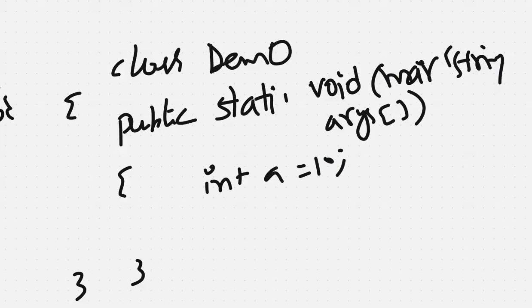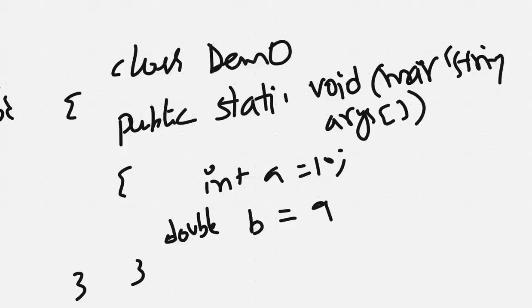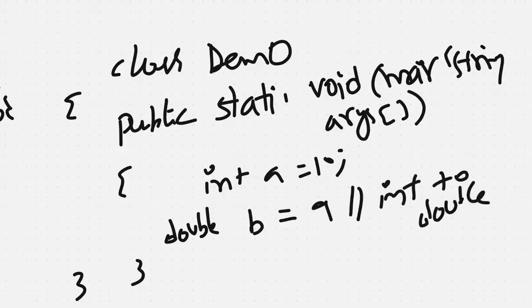I can assign A equal to B. What is B's type? B is a double type. So here we can convert into double. It's done, like this.